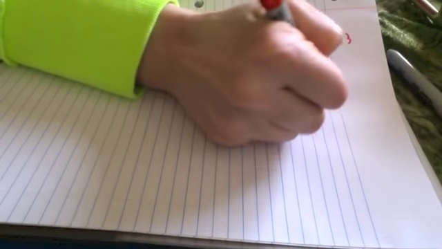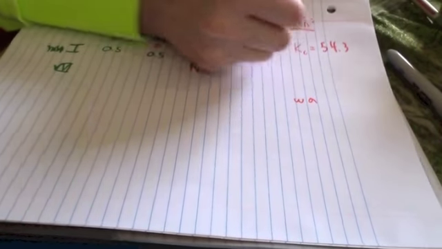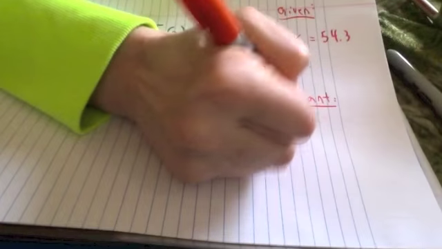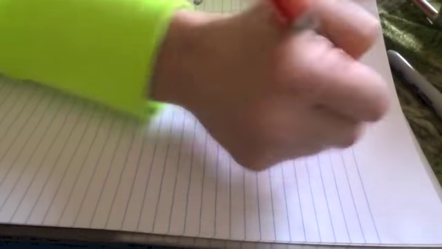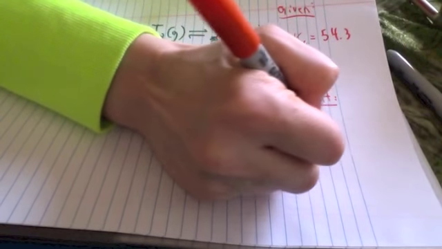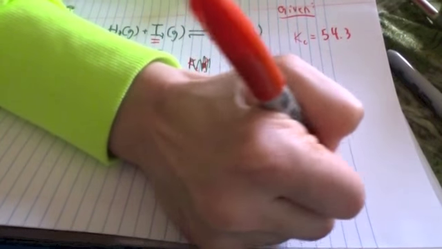Okay, so if I wanted to make a given table, I'm given Kc, and I want the concentration of hydrogen, of iodine, I2, and of hydrogen iodide. I want these concentrations at equilibrium.